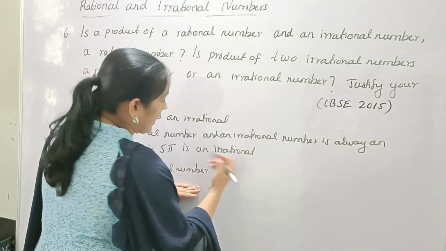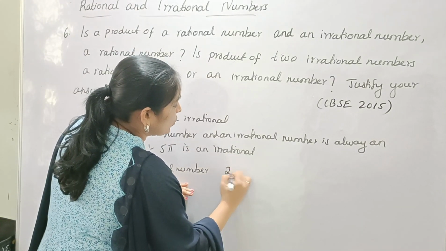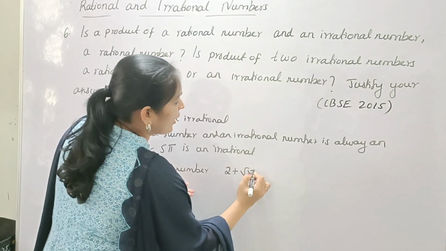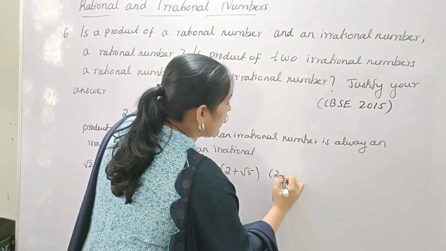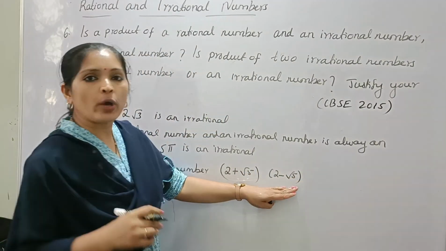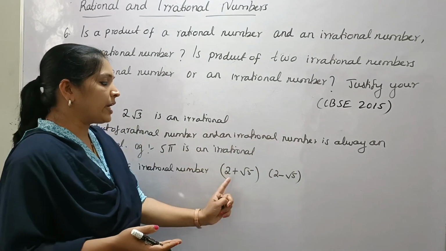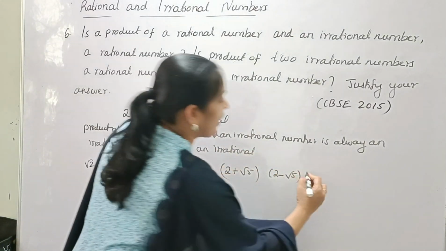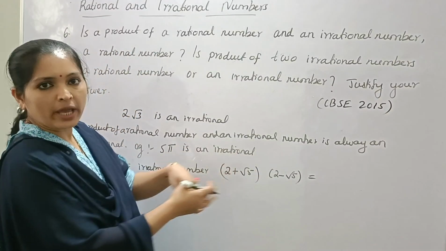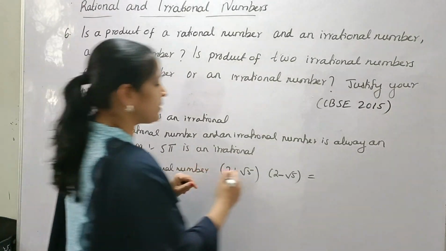Then, another example, 2 plus root 5 is an irrational number and 2 minus root 5 is also an irrational number, but their product, 2 plus root 5 into 2 minus root 5, is in the form of a plus b into a minus b, right? That is a square minus b square.